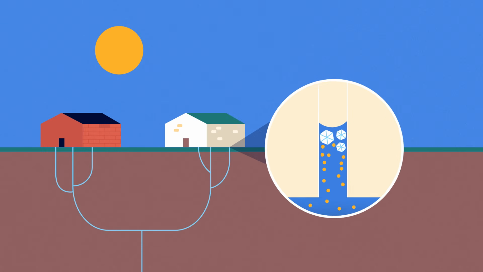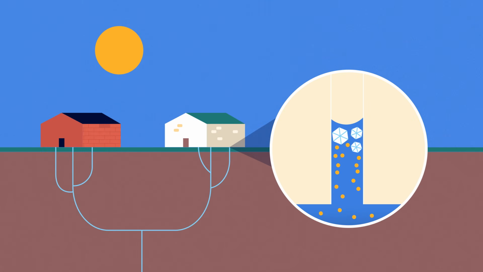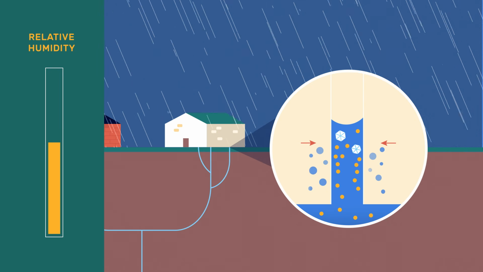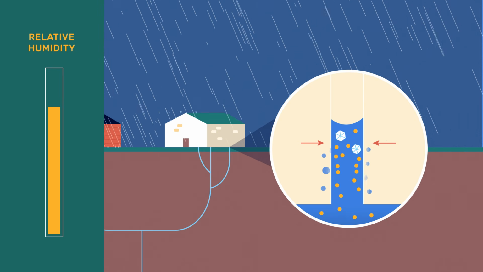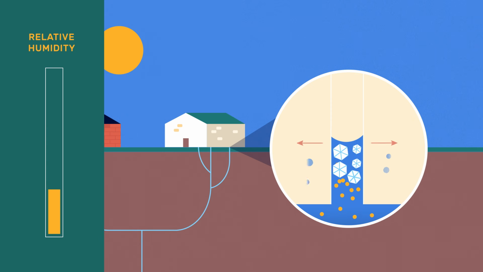When examining the capillary rise of salts, it is important to remember that we deal with highly soluble salts that are hygroscopic and may dissolve or precipitate in response to changes in relative humidity.